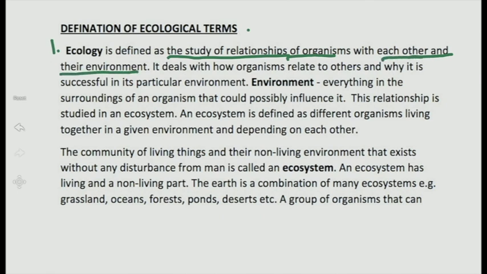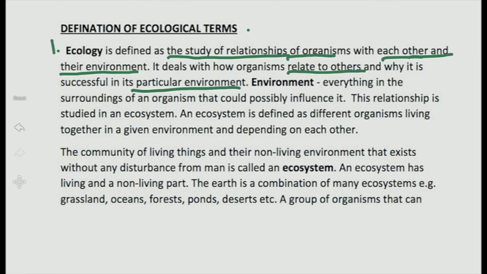It deals with how organisms relate to others and why it is successful in a particular environment. What are we talking about? We're talking of an organism. It is able to relate with other organisms in this particular environment. And how it survives is the way it relates with each other.